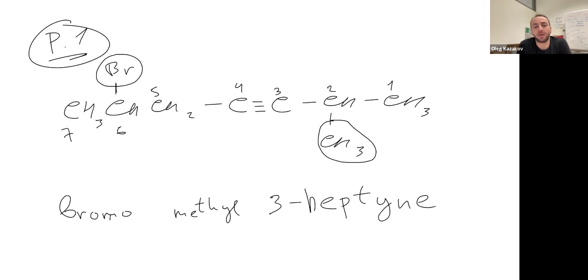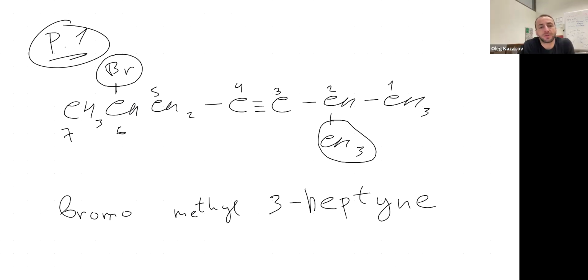Now let's show where the substituents, bromo and methyl, are placed on the main chain. Even though the numbers are not going in the right order, that's okay. The alphabetical order of the substituents is what matters first.